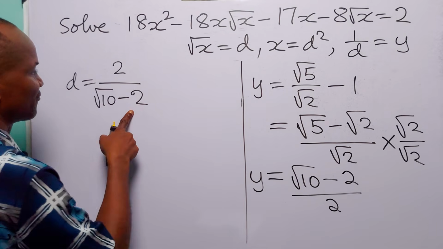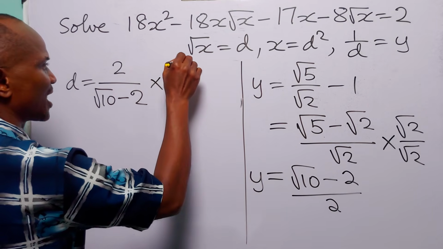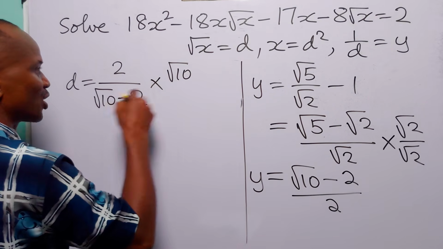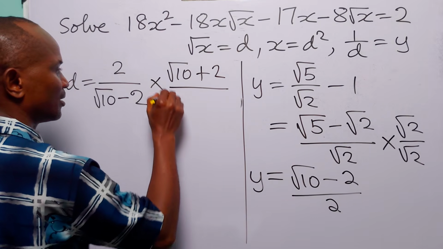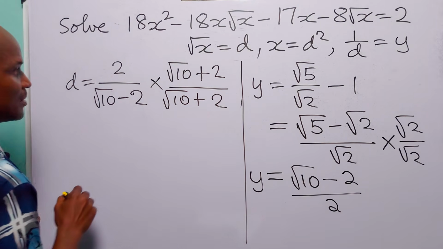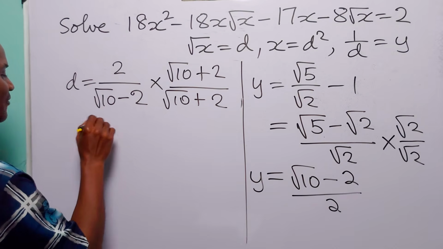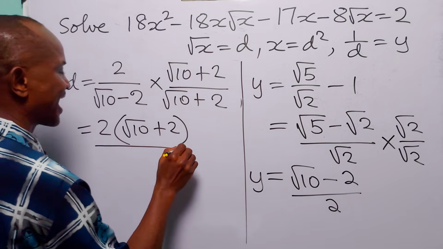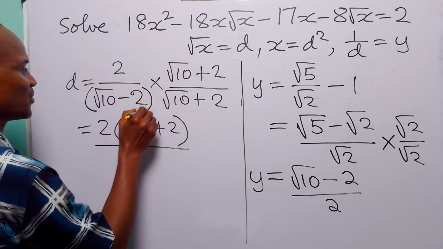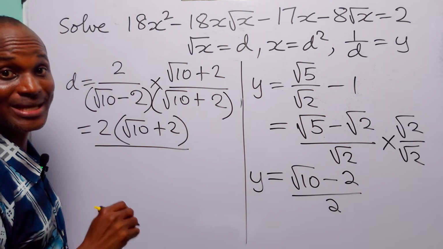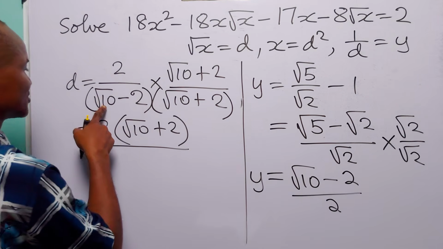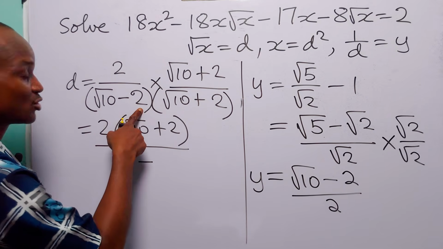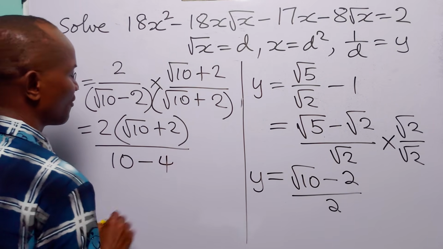Now, to rationalize this fraction, we multiply both the numerator and the denominator by the conjugate of the denominator, which is root 10 plus 2. In the numerator, we have 2 times root 10 plus 2. And in the denominator, remember that when we multiply two conjugates, we get the difference of two squares. So we have root 10 squared, which is equal to 10, minus 2 squared, which is equal to 4.